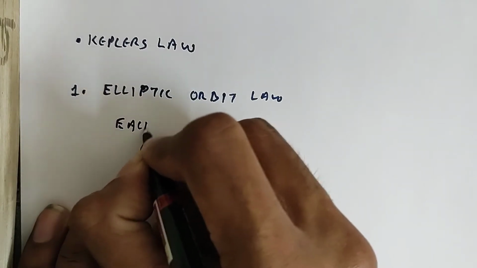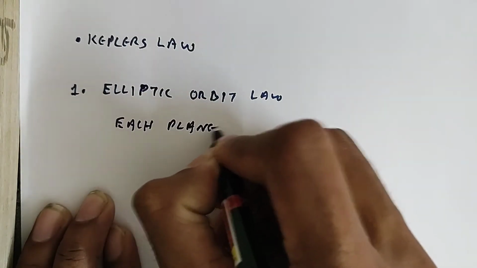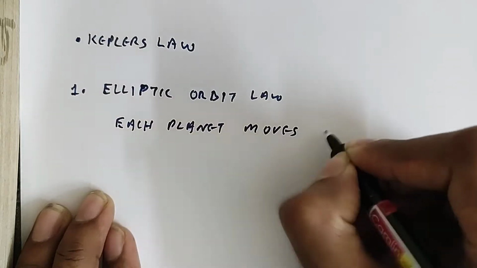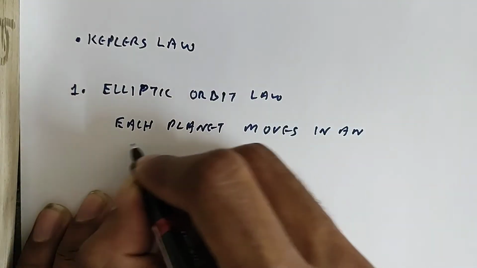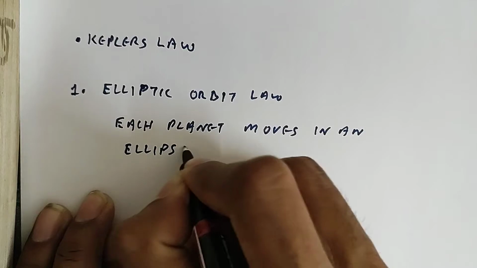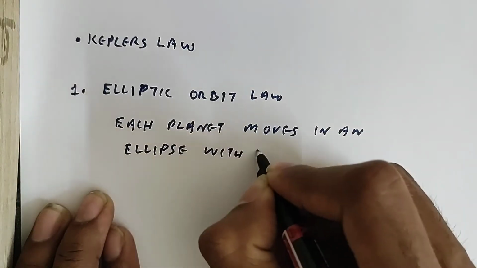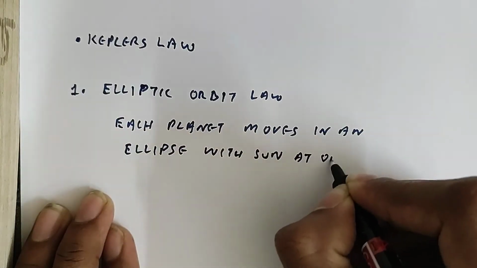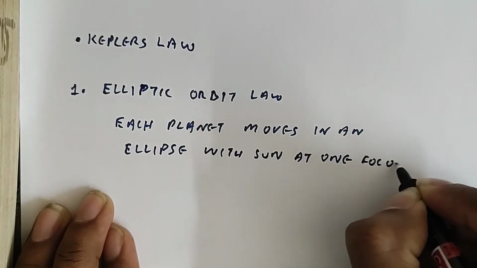Let me write it down though. Each planet moves in an ellipse with Sun at one focus.